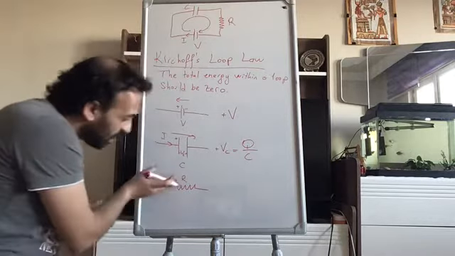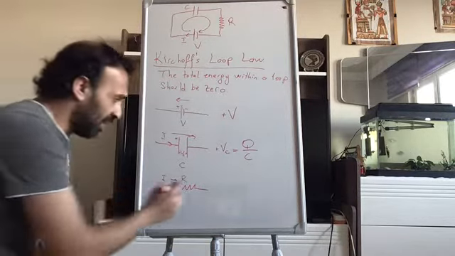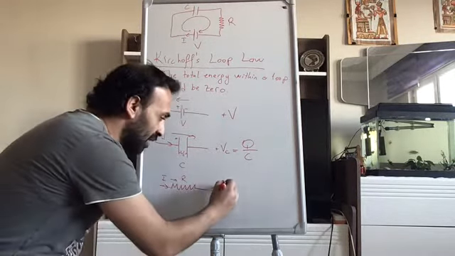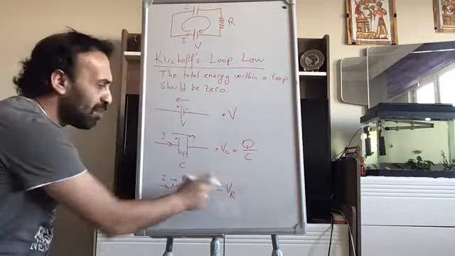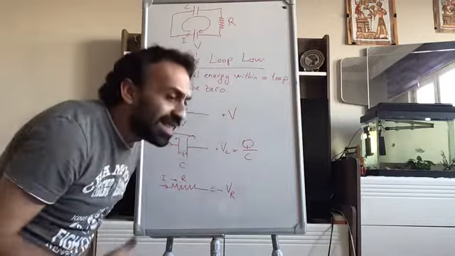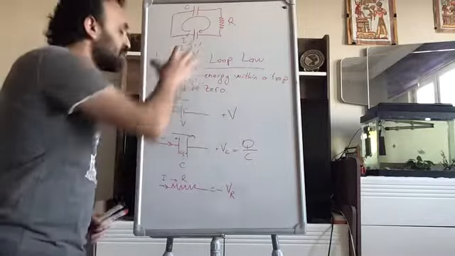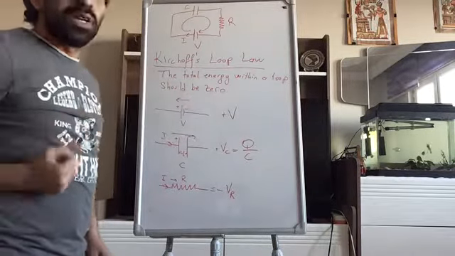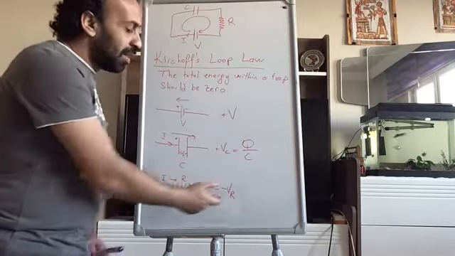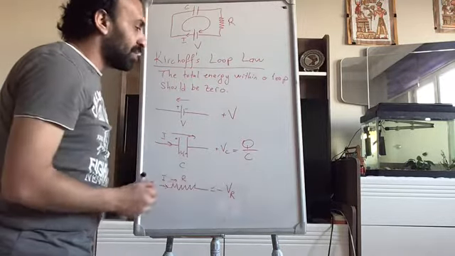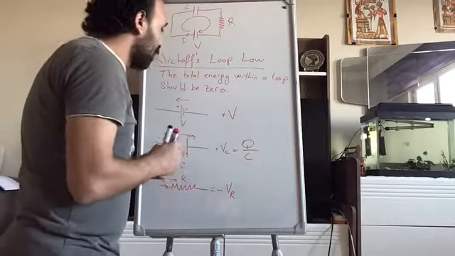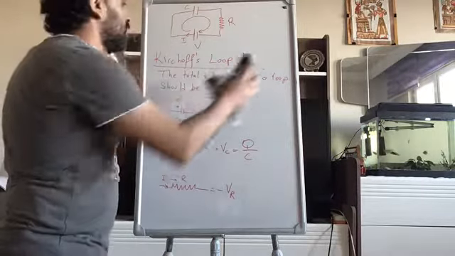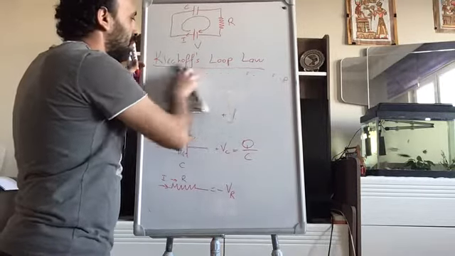So even though we are moving in the same direction, with R it's going to be minus VR. Why minus? Because this resistor is not contributing energy to the circuit. It is taking some energy for itself. It is consuming the energy. That consumption is coded with the negative sign. And Kirchhoff loop law, let me clean up this part.